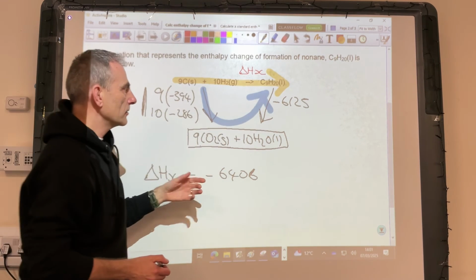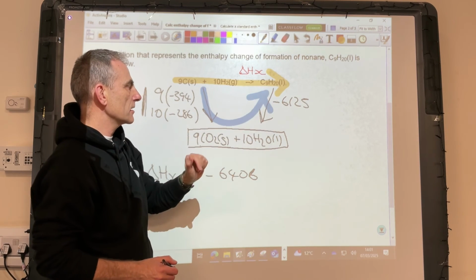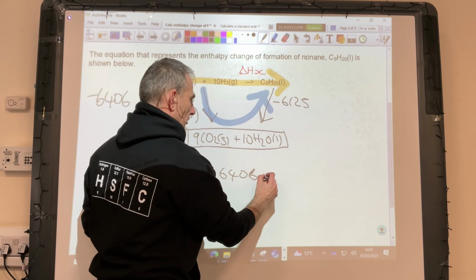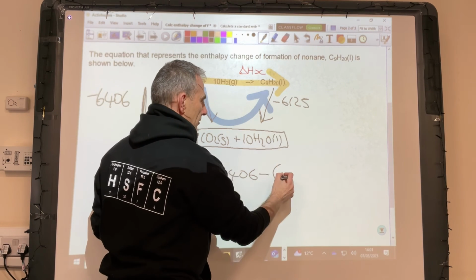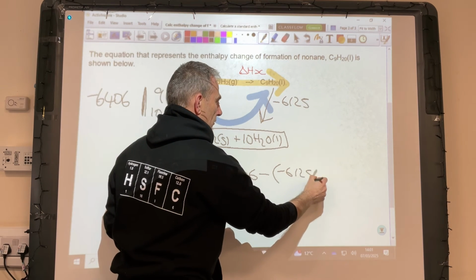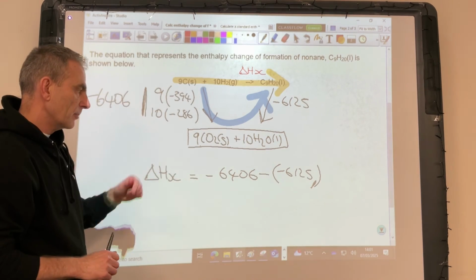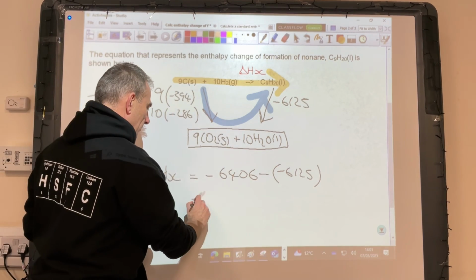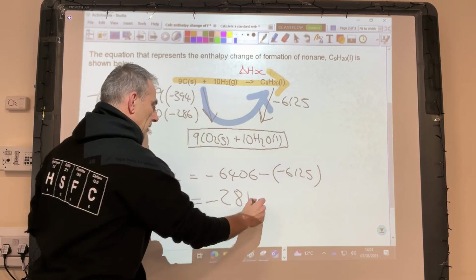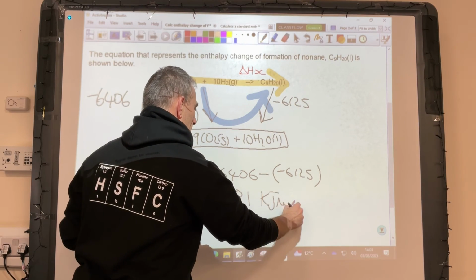The way we get round that is we subtract this value. So we're just going to go minus the enthalpy change, 6125. All we need to do now is put that in our calculator and you get minus 281 kilojoules per mole.